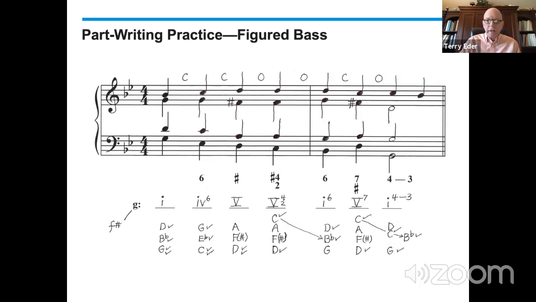And then, of course, the next thing I did was put in the alto and tenor. And, you know, on the second chord, I kept the common tone G and doubled the C, okay?